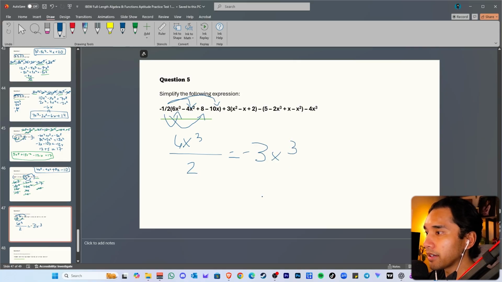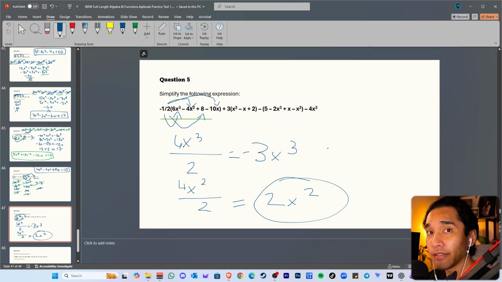Okay, then I'll carry the negative later. And then again, what is 4x squared divided by 2? That equals 2x squared. And both of these are negative, so that's okay that this stayed positive. A negative divided by a negative equals positive. And then you have 8 over 2.